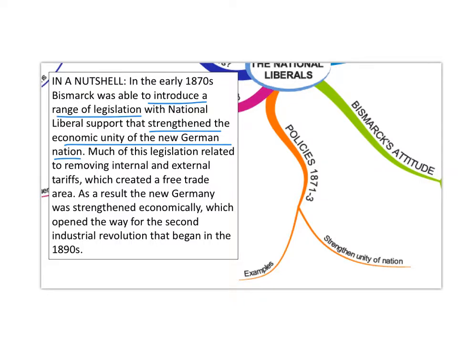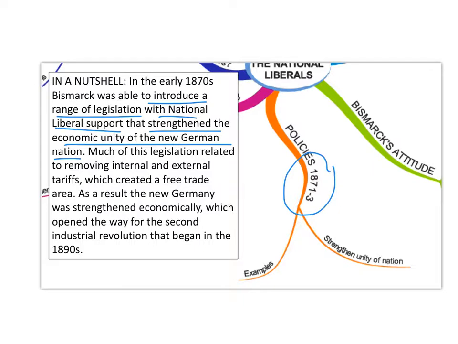And on the whole, very much so, during this period, 1871 to 73, Bismarck was very successful. Okay, he had no real problems. Bismarck would present as the Chancellor, he would present to the Reichstag, I want this to happen, vote on it, and he was able to get these laws voted through. And the reason for that is he had National Liberal support for that.